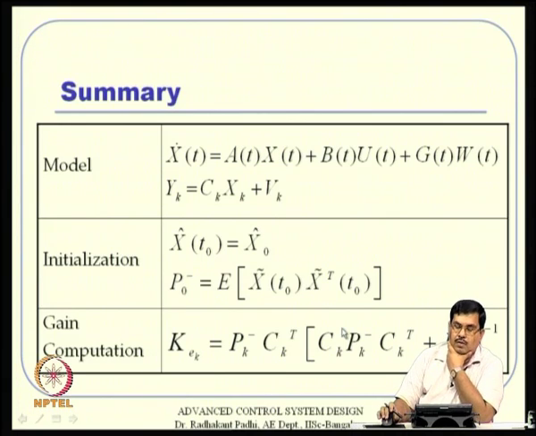So, what is the summary of it again? The model is given like this: the continuous time model, with the measurement in discrete time. We initialize the state vector as well as the covariance matrix, and we compute the gain, which is actually in a discrete time manner, K is like this.